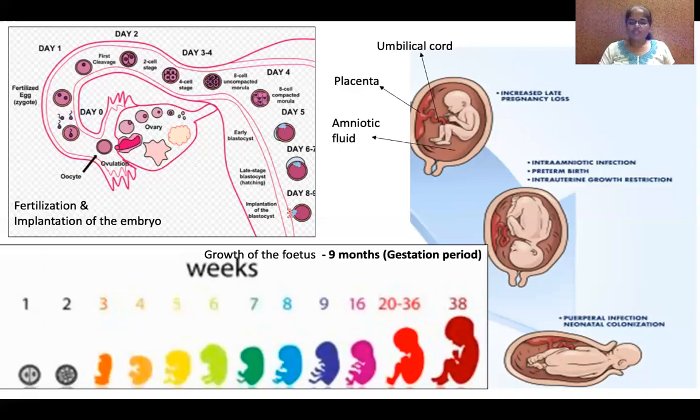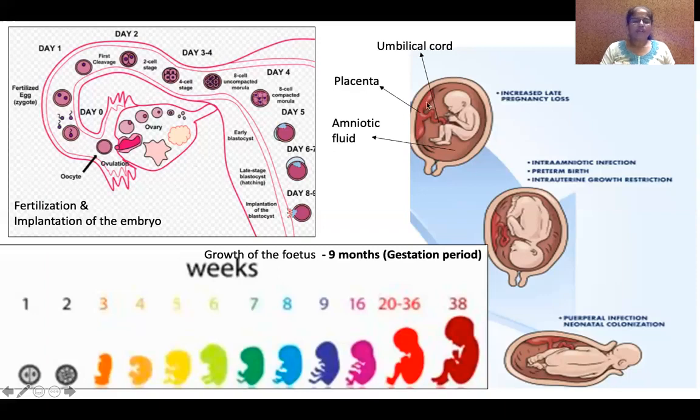So it becomes thick, and it will be filled with a fluid called amniotic fluid. In this fluid, the baby will be floating. Once the implantation is done, a temporary organ called the placenta appears inside the lining of the uterus. This is the placenta.